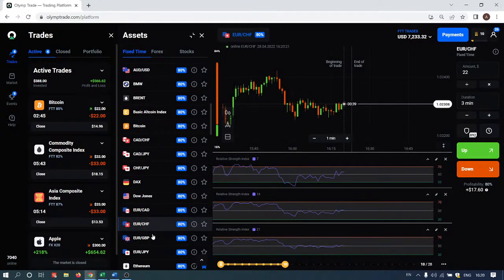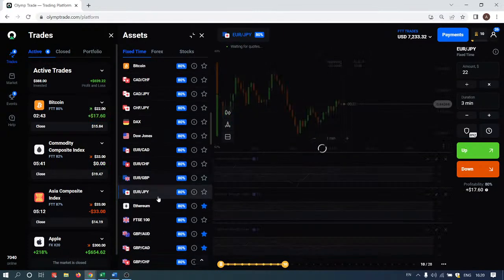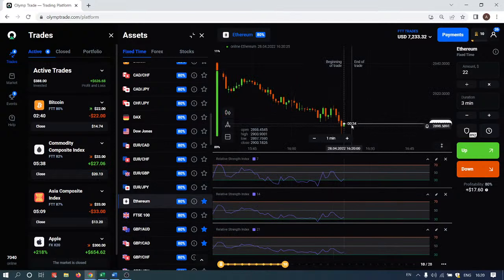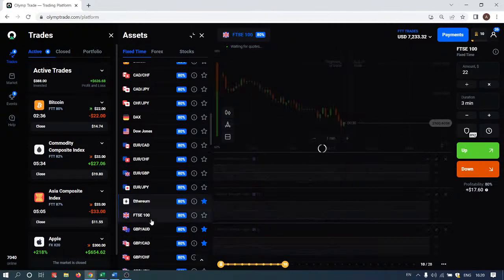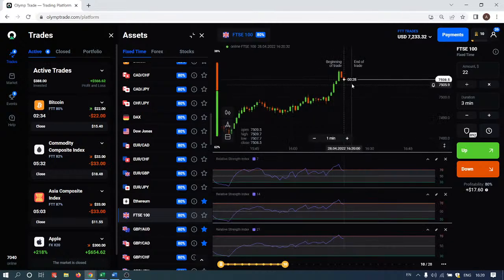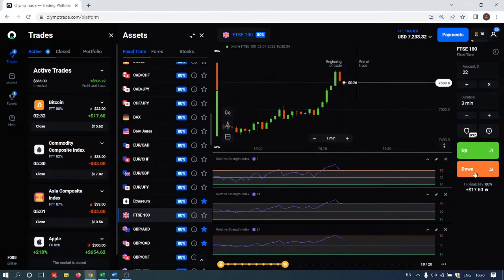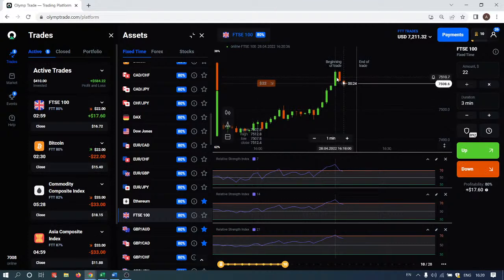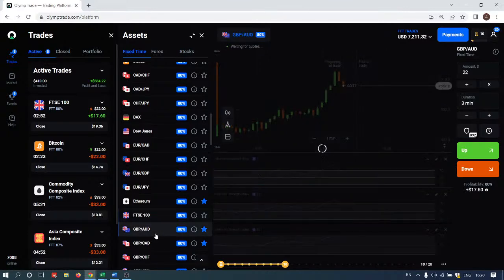All right, guys, let me switch to the 5 minute time frame again. Maybe Ethereum, not yet. FTSE, let's try FTSE. Setup number one, overbought on all three RSIs in this strategy.